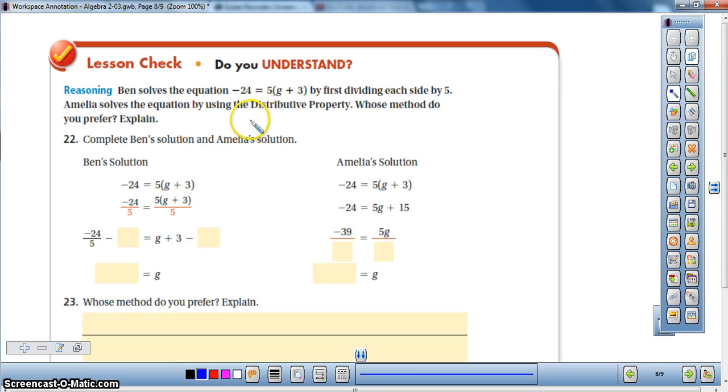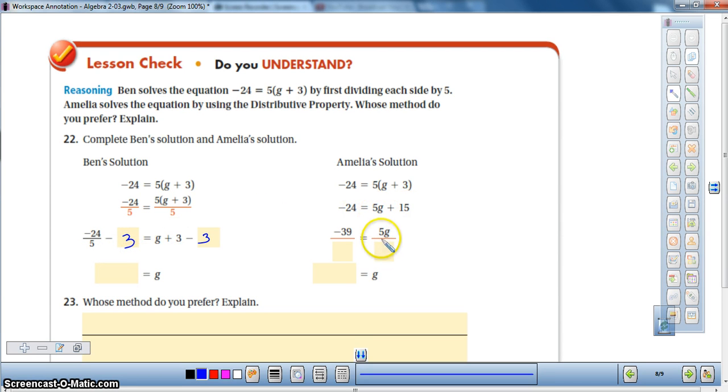The key thing with checking your understanding in this is seeing the different ways of using the distributive property. Sometimes you might prefer to distribute, multiplying them both by 5. The main reason is that in this problem we are going to have g plus 3 equals negative 24 fifths, and the opposite of adding 3 is subtracting 3. Not as nice of a number to work with.